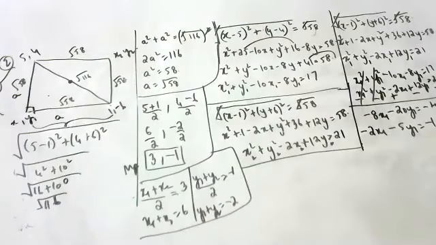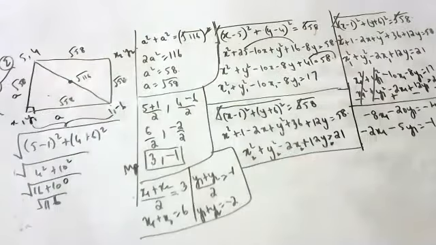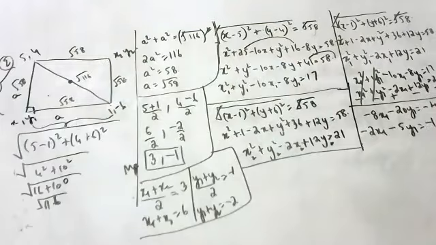We'll find the distance between (5, 4) and (3, -1). That is already there, half of this. Yes, sir. And now we'll again divide by 2, sir, and we'll get the midpoint of that. No, sir, that much was not there. Once I will check and I will tell.